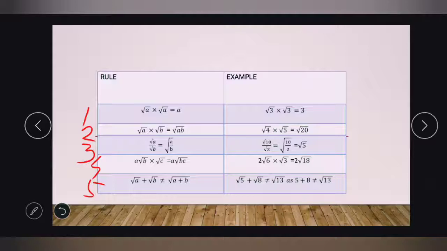We cannot combine the square root of a plus the square root of b because they are not the same. Those are the basics of surds.